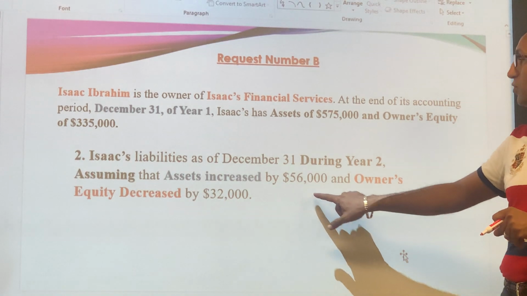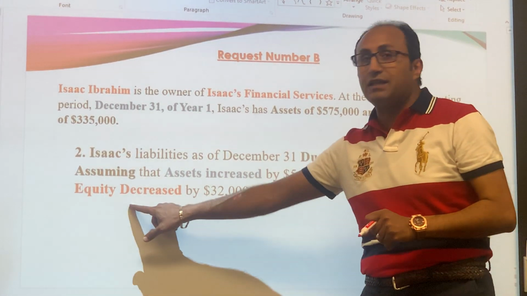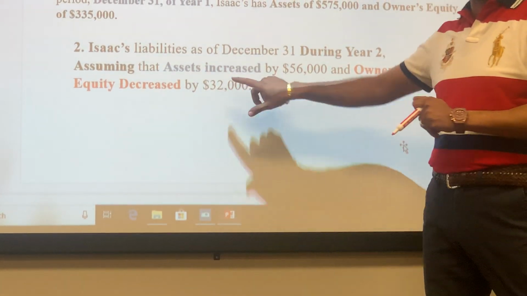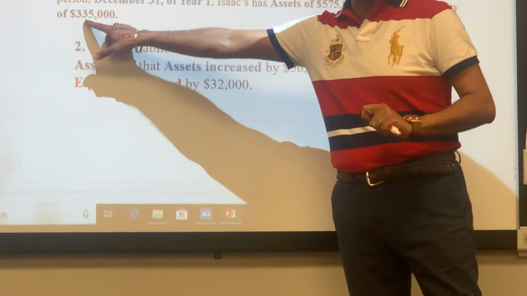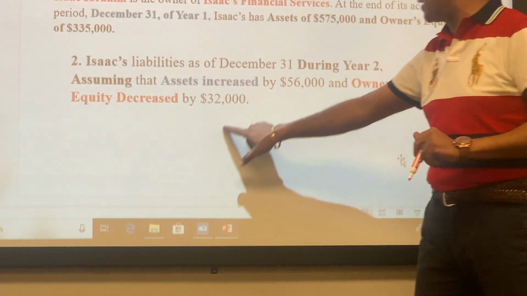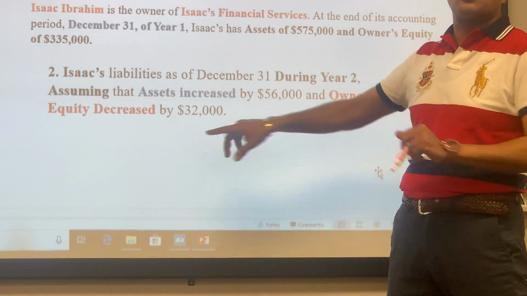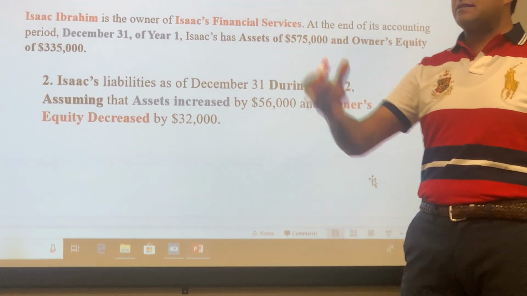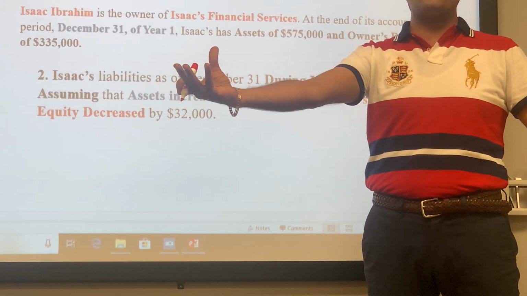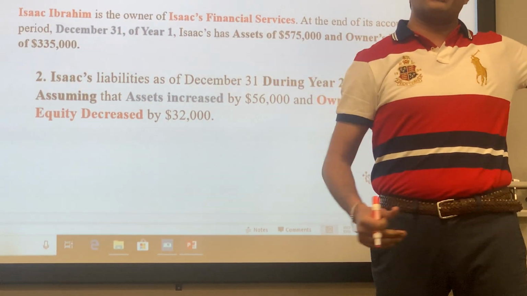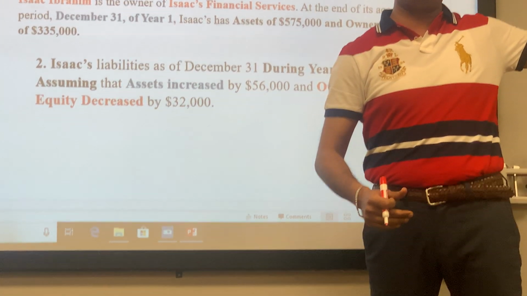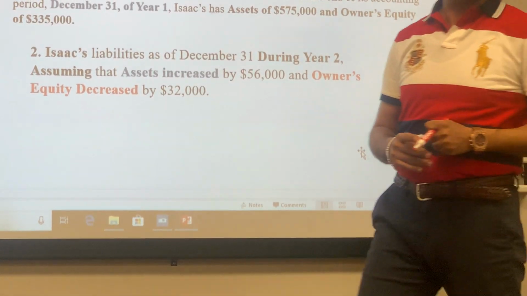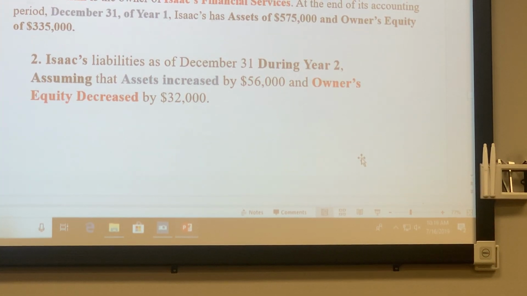At the same time, because I know the owner equity decreased, that means going down by $32,000, so I have to subtract. $335,000 subtracting $32,000. So once I get the net number for assets and the net number for owner equity, following the accounting equation, subtracting gives us the liabilities during year 2. Easy, right? Move on.